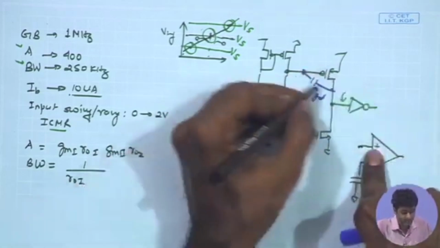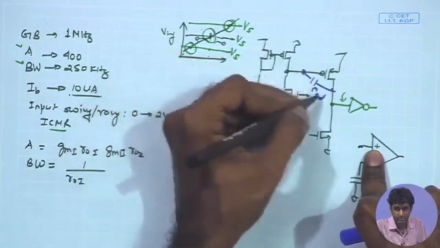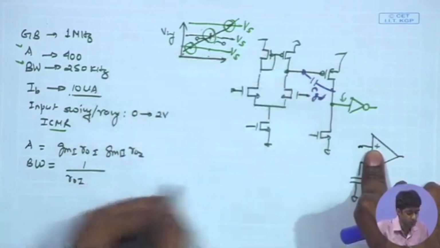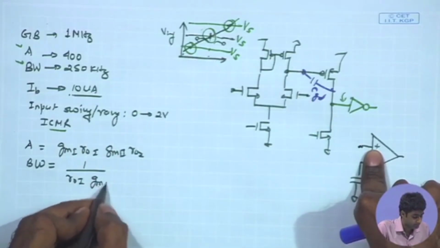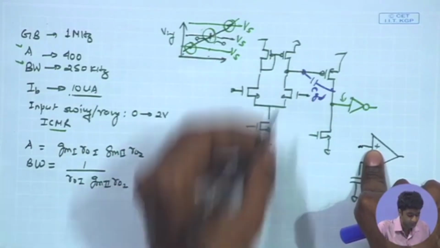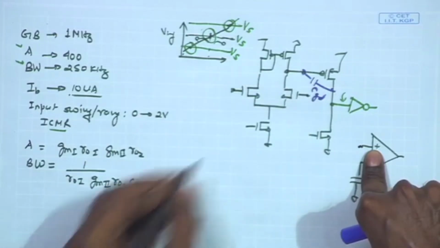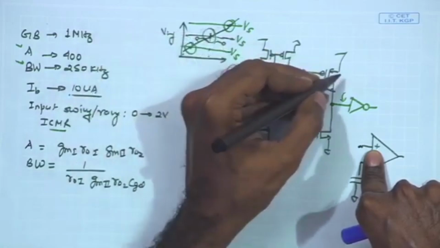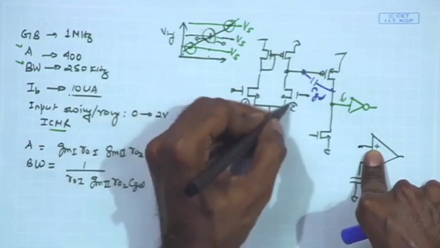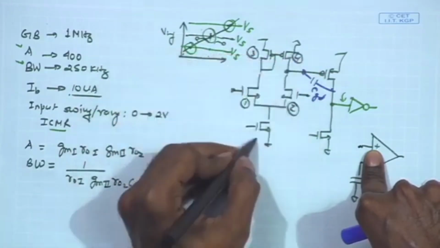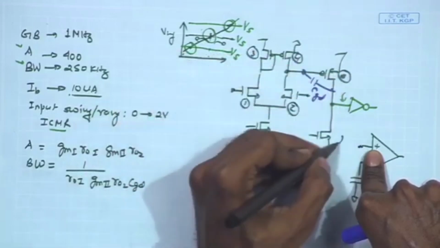If I assume once again that Miller multiplied CGD is the dominant component, then I will have the gain of the second stage gm2 ro2 times the CGD coming into picture. CGD of 6 coming into picture.